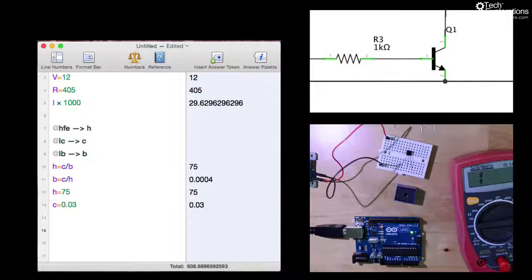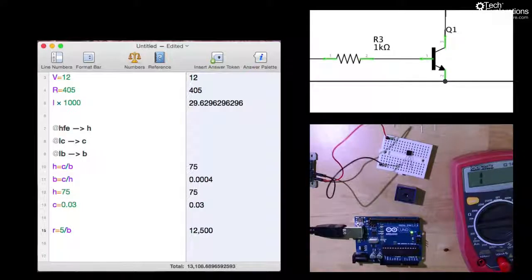So let's go back to Ohm's law, and the resistor that I'm looking for, I'm going to call it R, equals the voltage. Voltage is going to be 5, because that part of the circuit is powered by the Arduino. So 5 volts divided by how much was it? IB, right?